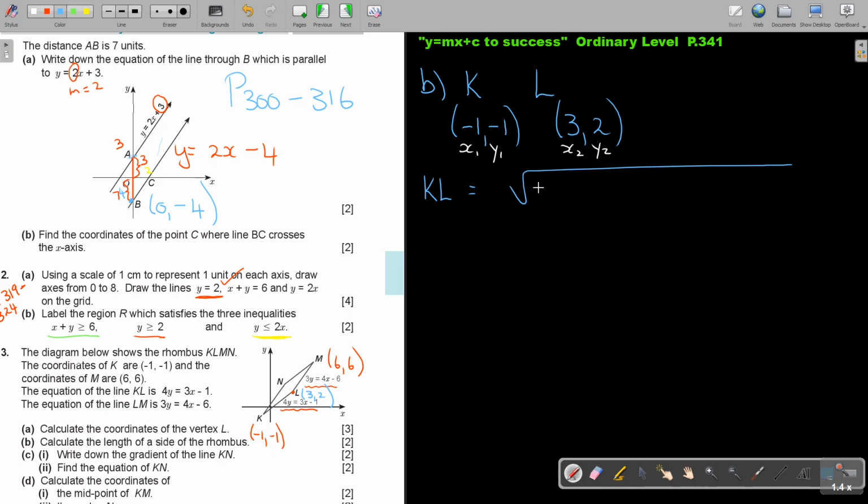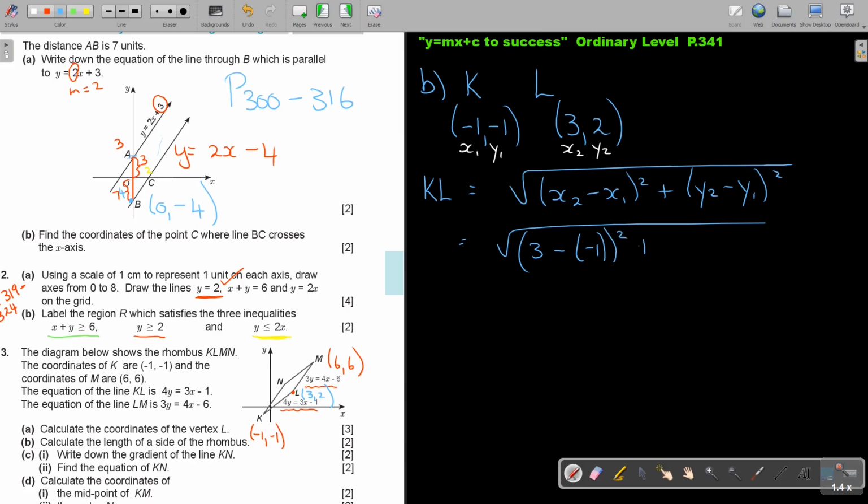So my formula will be the difference, okay, let's make it like this, x2 minus x1 squared plus y2 minus y1 squared. And it doesn't matter which one you put in front, because it's positive. So x2, it's going to be 3 minus, put that bracket, negative 1. And y2 minus y1 is 2 minus negative 1 squared.